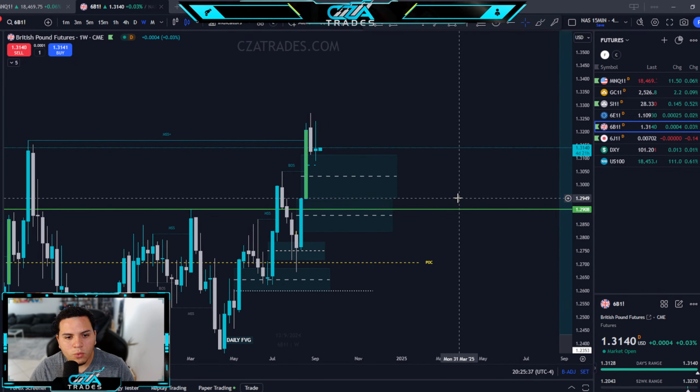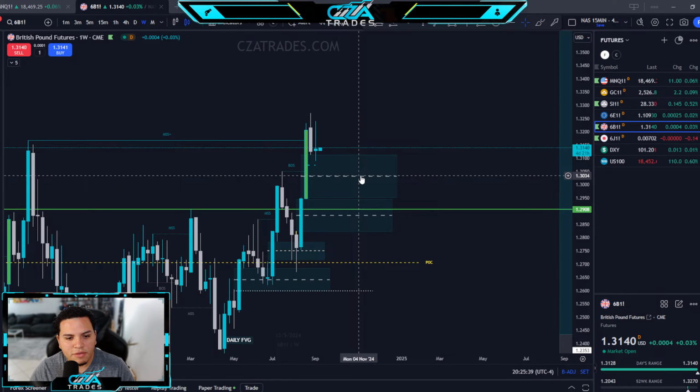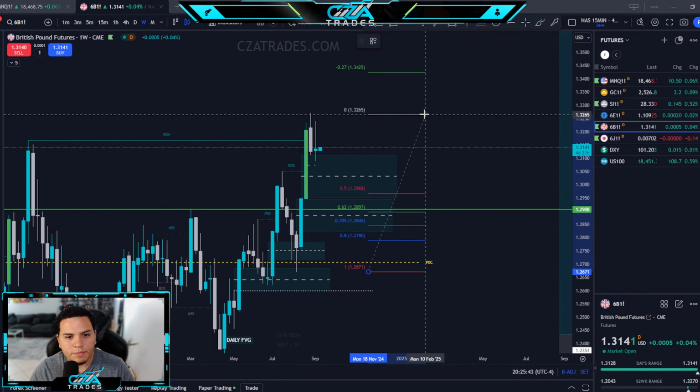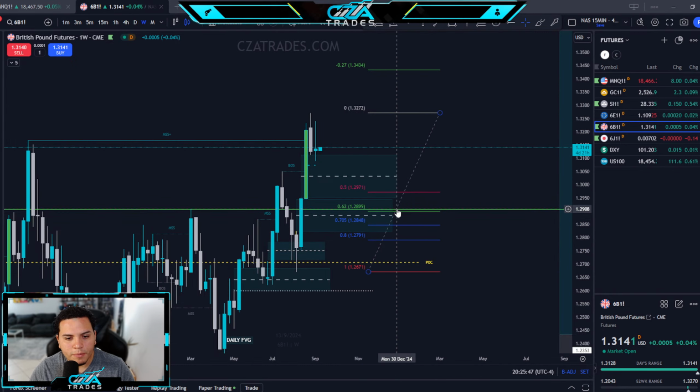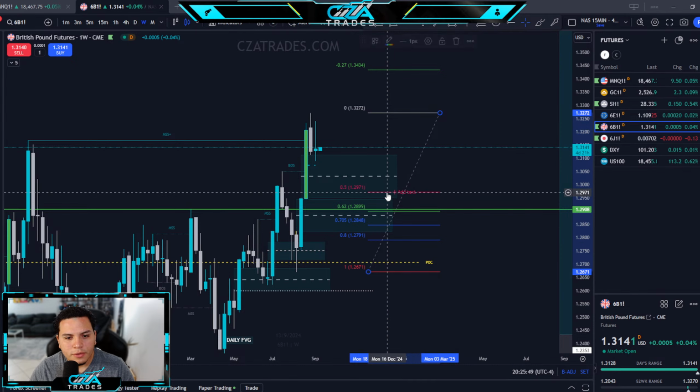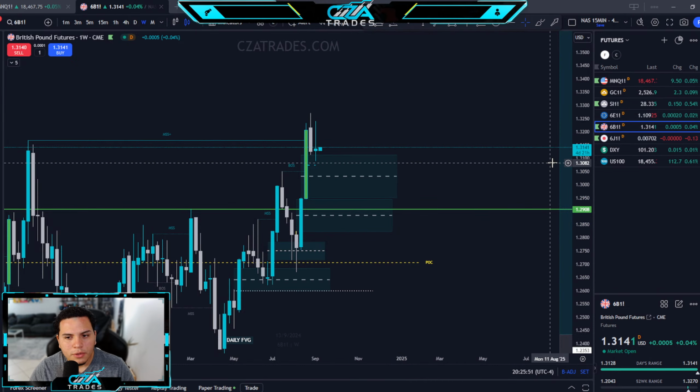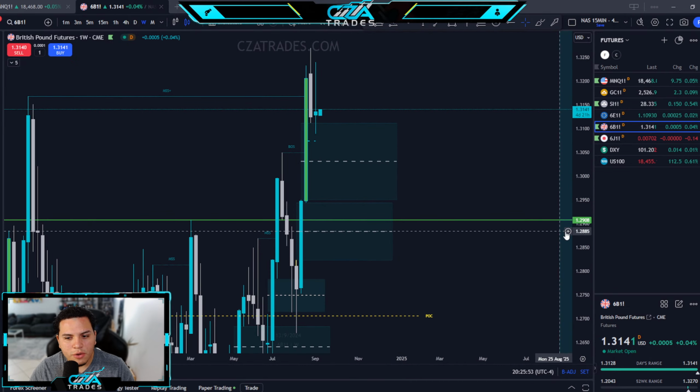All right, so look, on the weekly, we have not tapped into this fair value gap or this fair value gap here. But if we draw the fib, our best bet is going to be this one that's right over here. So we are going to set an alert right here. This one is going to be a super important zone for us.